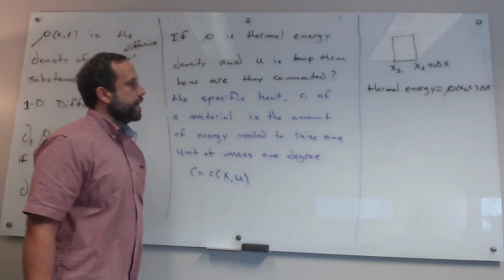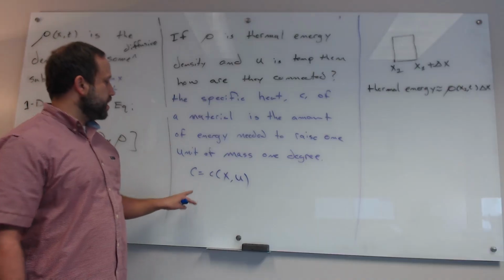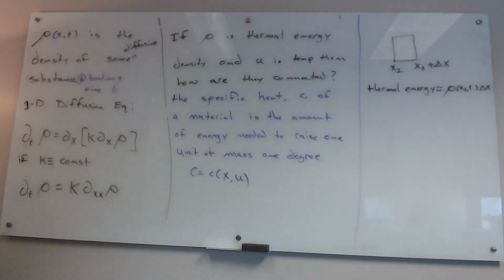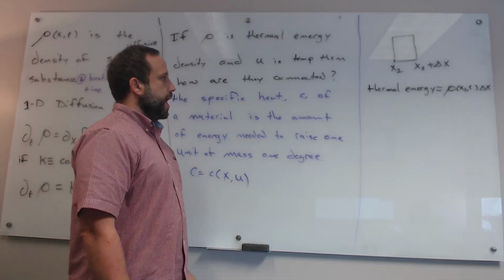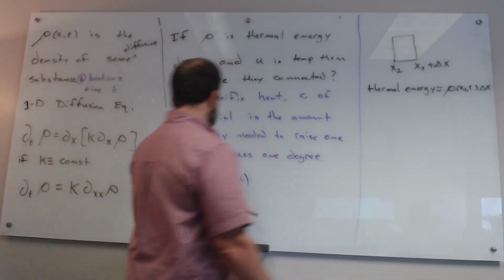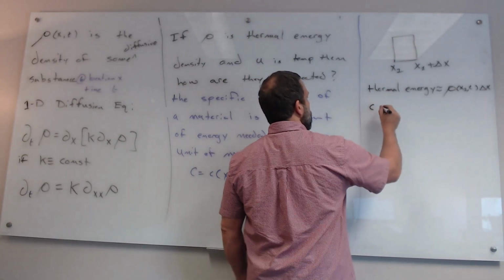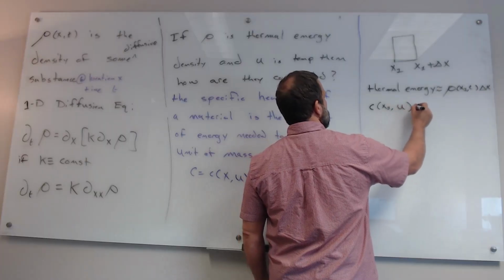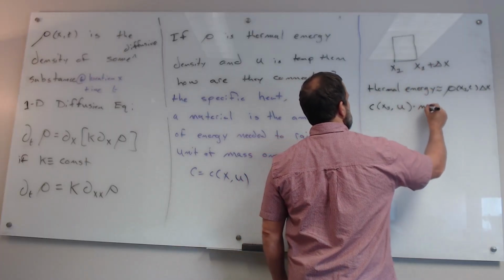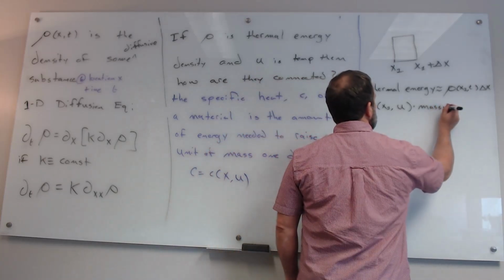On the other hand, we know that the temperature is u of x1,t. And using the specific heat, the total energy has to be C of x1,u times the mass of this piece, times the temperature.